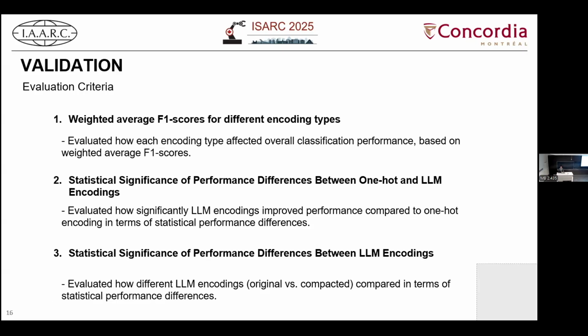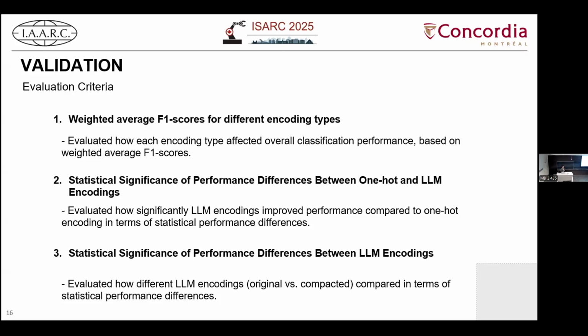We evaluated weighted average F1 scores, because in this kind of classification the data is skewed, and as I mentioned, we did cross validation. So we weighted and averaged the F1 scores for all 5 training and testing cases.